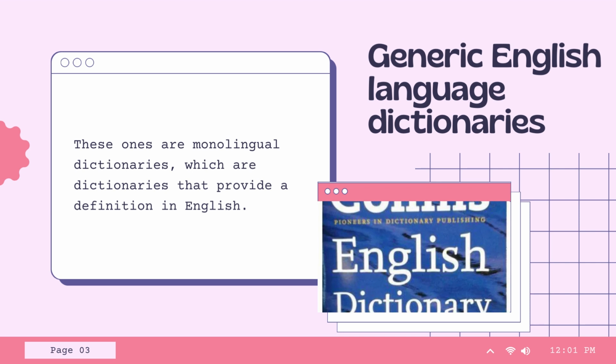They are focused on getting to know the meaning of words, the different meanings that they have, and the pronunciation. But only in English. They're not going to be in Spanish or any other language. No, just one language.